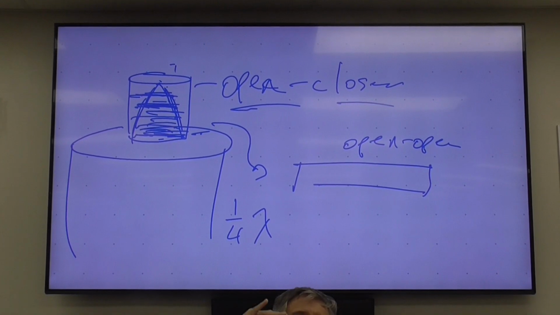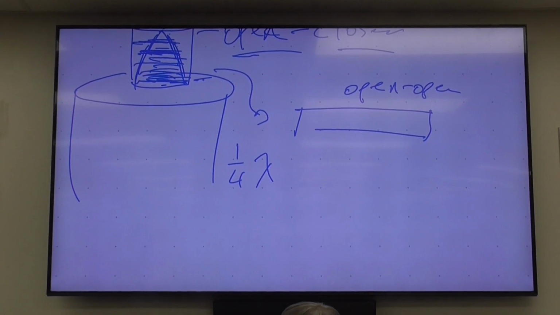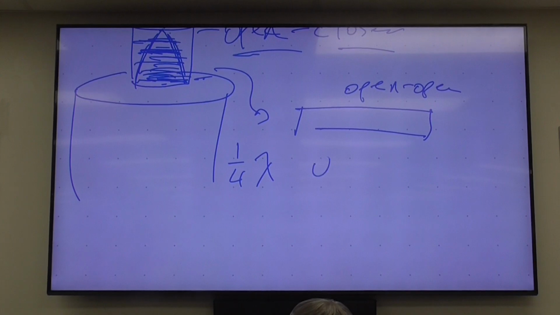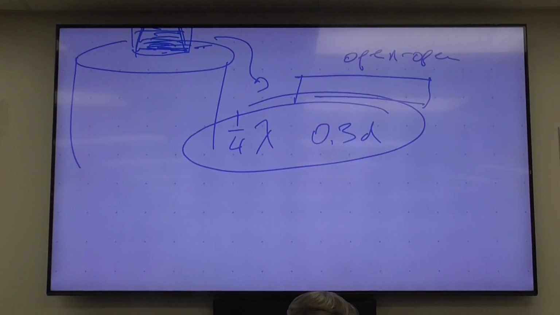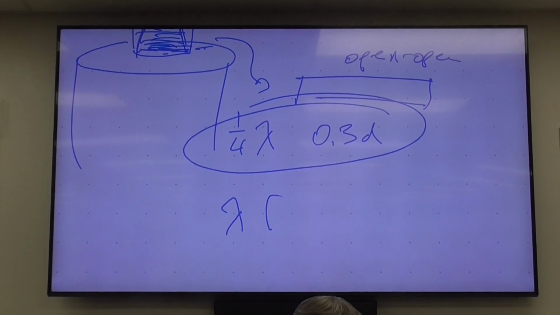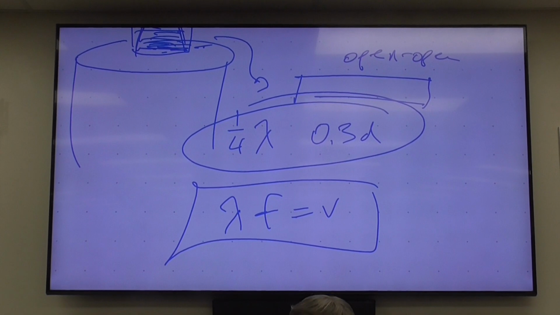So when that happened, you have 1/4 of that. So what you did is, and you had to do with that correction factor of 0.3 D. So that together allowed you to get the wavelength. Then you knew the wavelength, you knew what the frequency was, you calculated the speed of sound, okay?